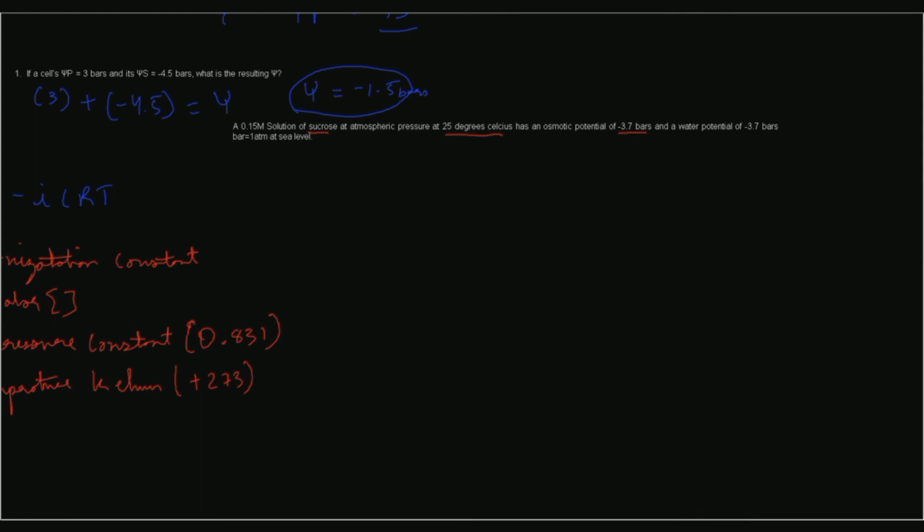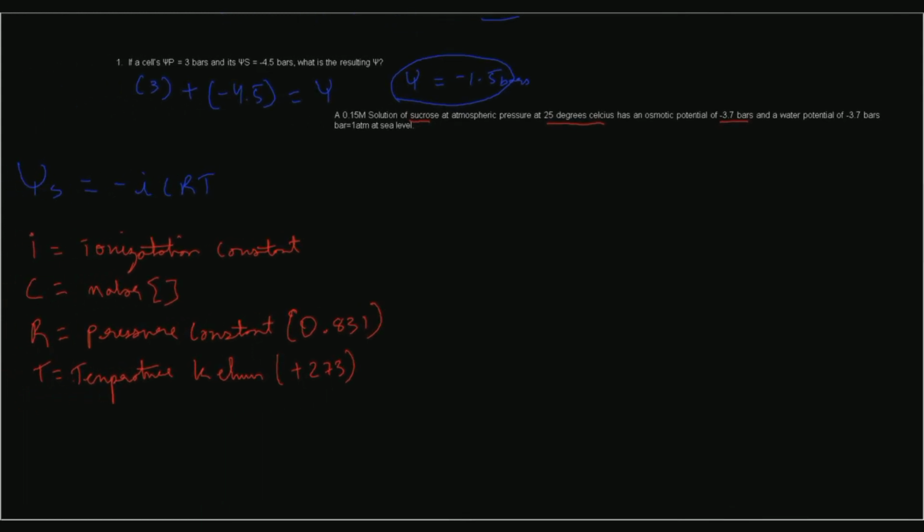Okay, so let's go ahead and solve that. We would not break this apart, so you'd have -1 right here, and then you would multiply that by the 0.15 molar, and then the pressure constant, 0.831, and then the temperature in Kelvin, which would be 25 plus 273. Yes, it is 273, you're right.